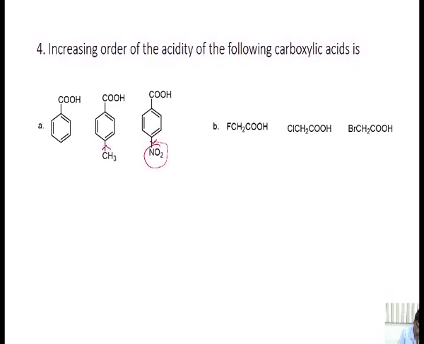Therefore, the acidity of this carboxylic acid will be higher compared to benzoic acid. If you compare the acidity of benzoic acid with this 4-methyl benzoic acid, this will be less acidic because the methyl group can give electron density to the carboxylic acid through aromatic ring. So the order of acidity of these carboxylic acids will be as follows.